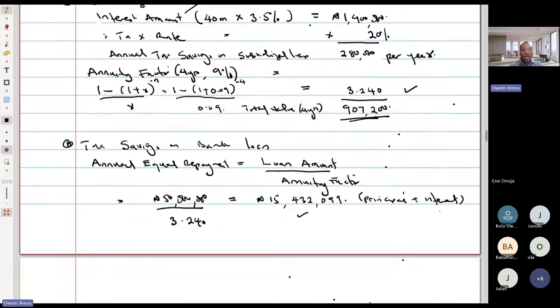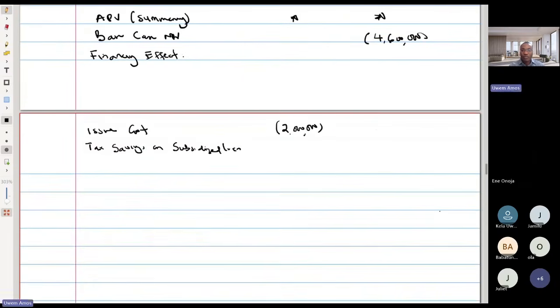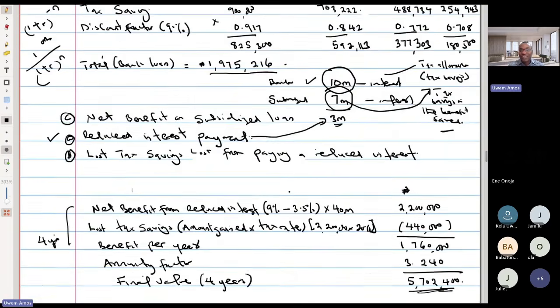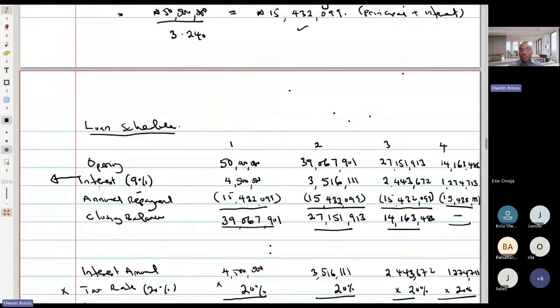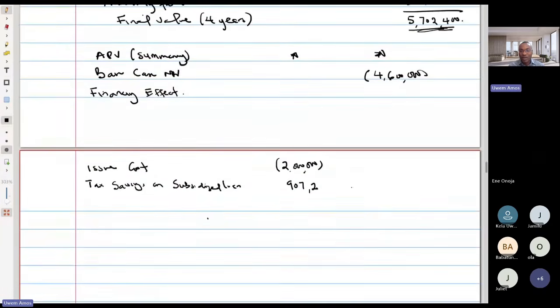So just copy that down. It's a tax savings, so it's a positive value.